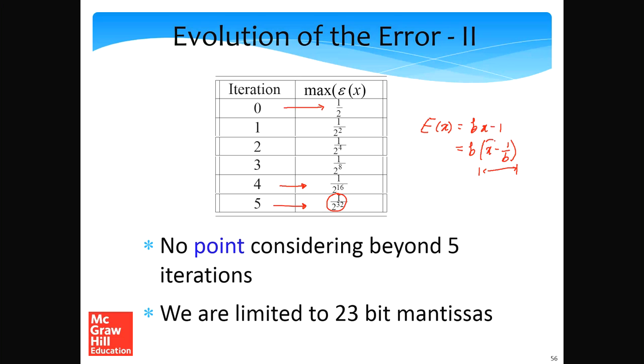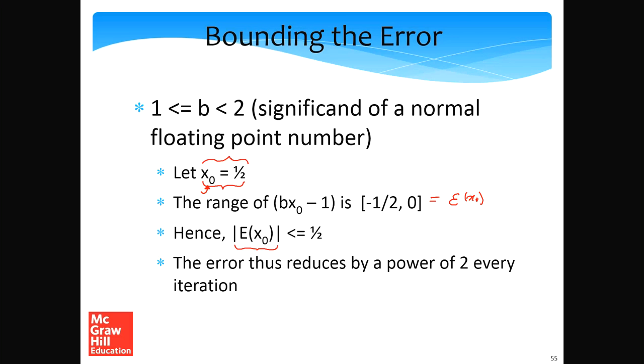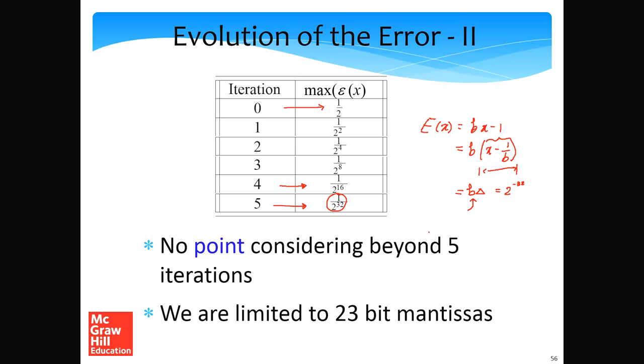That is essentially the difference between what we want to compute, 1 by b, and what we currently have. So basically you can say that this is b times delta, where delta is the difference. So if b times delta is, let's say, equal to 2 to the power minus 32, and b itself is a number, what was the bound on b again? The bound of b was between 1 and 2.